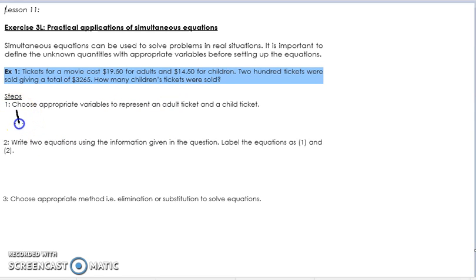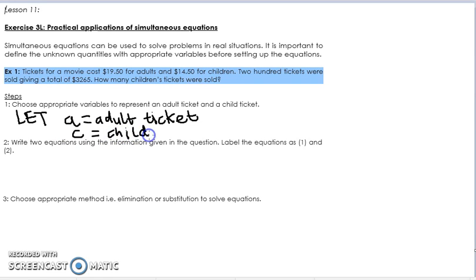We can just say let A equal an adult ticket. That makes sense, A for adult. And then you can imagine that C will be for a child ticket. So C is equal to a child ticket.